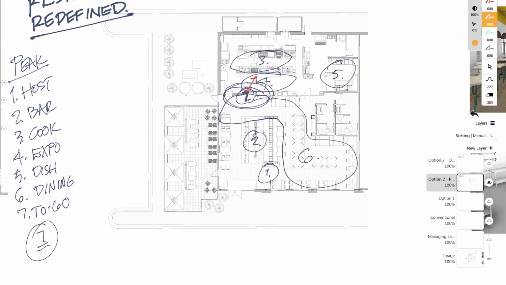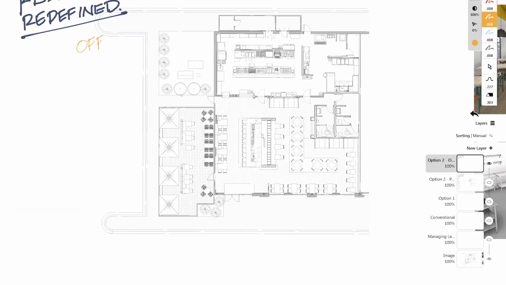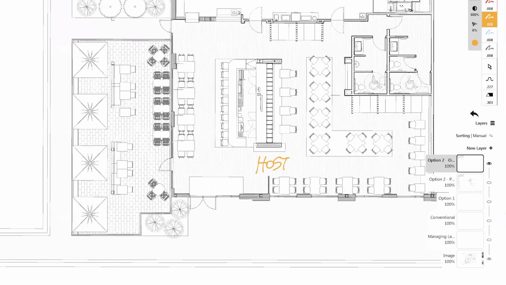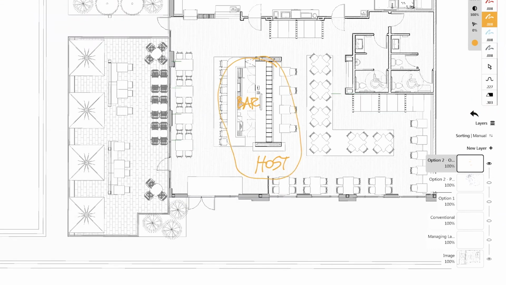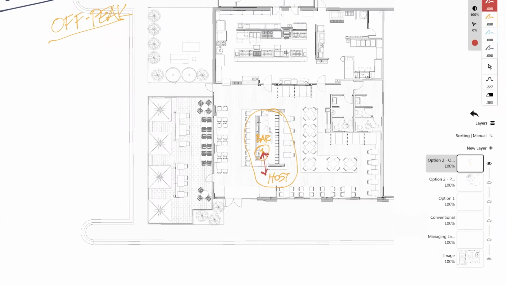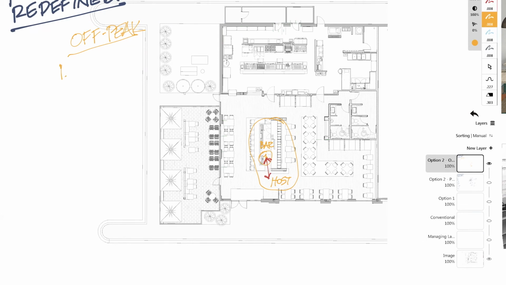So when we look at this during off-peak, now we have the opportunity of combining 1 and 2. So we've got host and bar that we're going to combine into one labor center. So now our bartender comes out and acts as our host when necessary during off-peak.